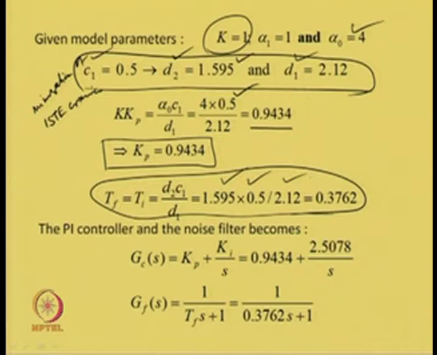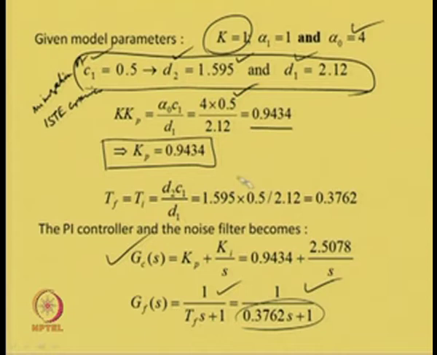So, thus we design the PI controller as well as the first order noise filter for the closed loop system, where the noise filter dynamics is given by GFS is equal to 1 upon TFS plus 1 is equal to 1 upon 0.3762 S plus 1, and GCS obtained in the earlier form for the sake of comparison is GCS is equal to Kp plus Ki upon S is equal to 0.9434 plus 2.5078 upon S. How do you get that one?